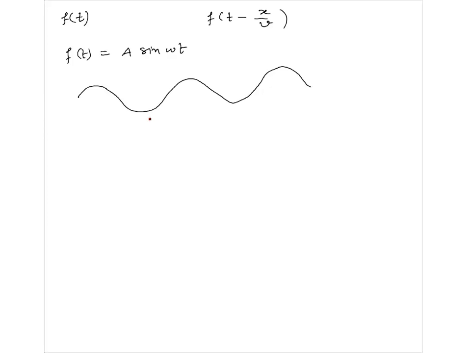But often a sinusoidal curve is called a wave. Wave is a disturbance, and this particle is disturbed in this manner.